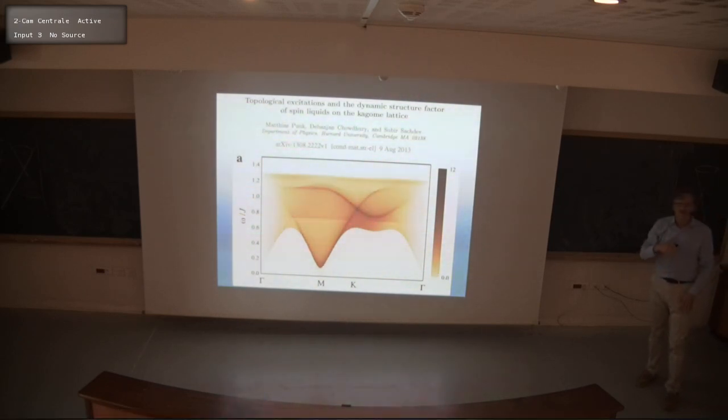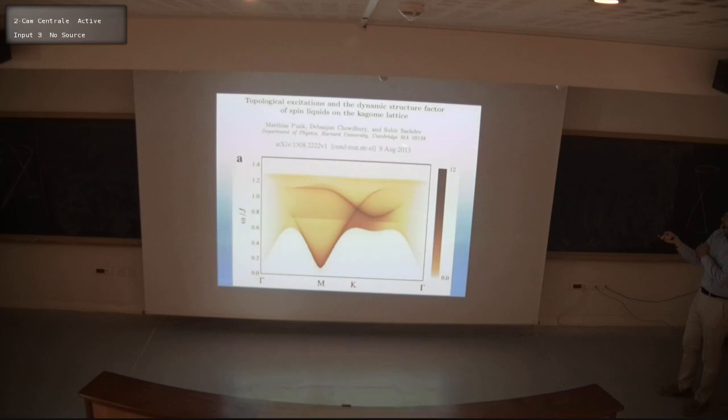So somehow it seems that we're losing track of momentum, even center of mass momentum, in the process. And in this paper, which actually was eventually published in a very nice journal, they proposed a possible explanation for this, which is that the vison, which is part of their idea for a spin liquid on the Kagome lattice, can serve as a source and sink of momentum.